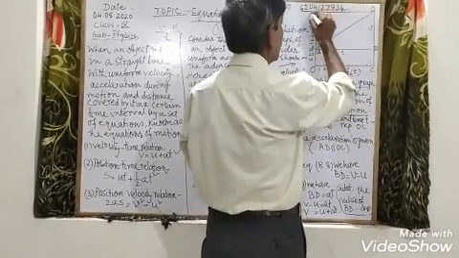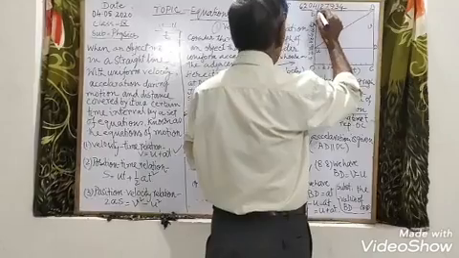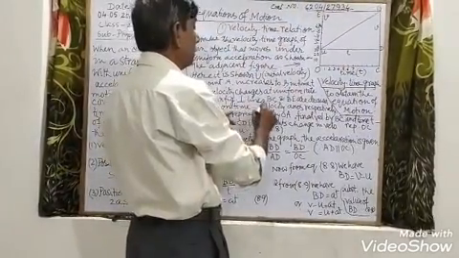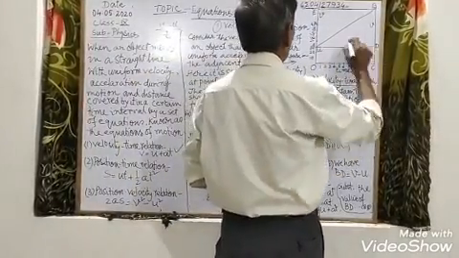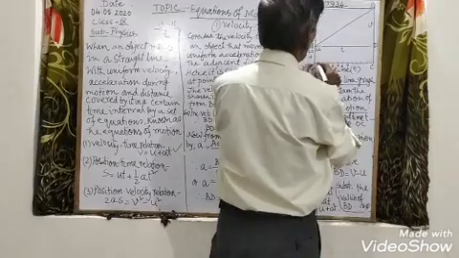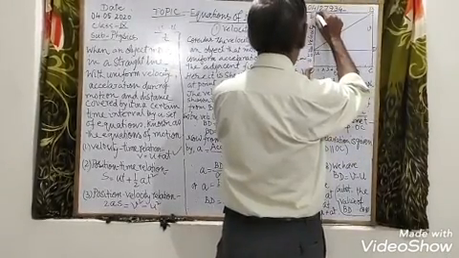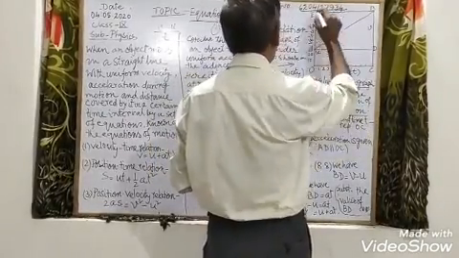OC represents time and OE represents velocity. So these are the axes, the OC axis and the OE axis.